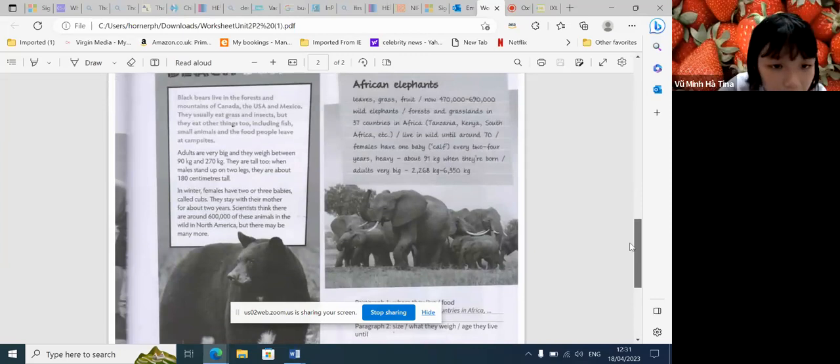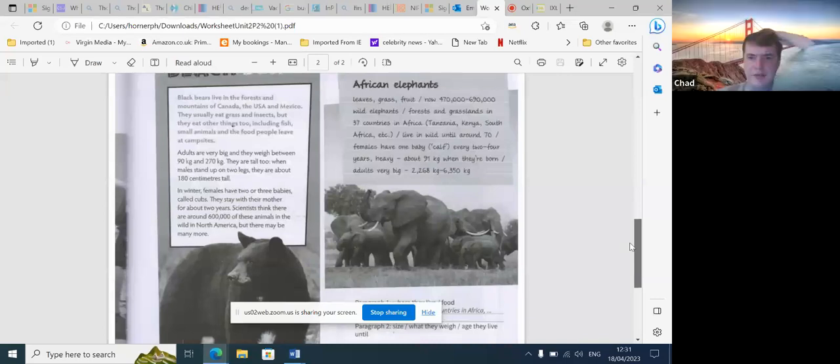Size, they are 90 kilogram and 270 kilogram. They are 180 centimeters tall. Where are you getting this information?